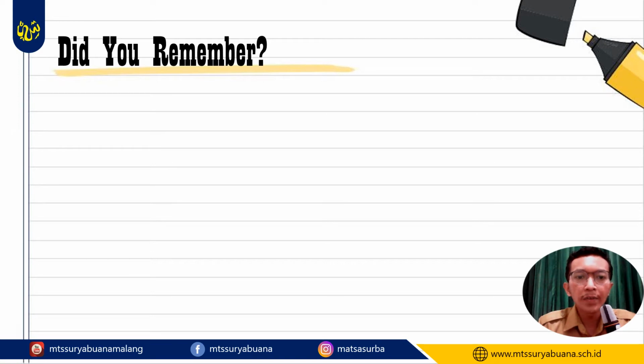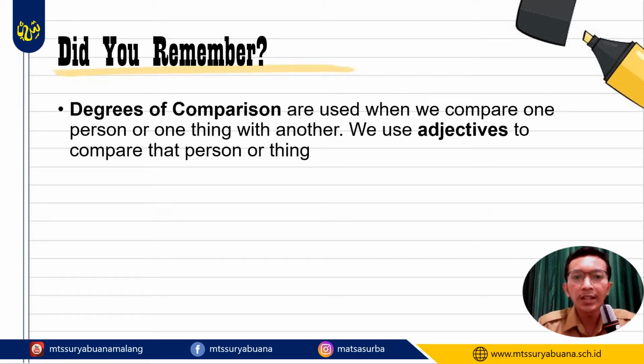Well, I will remind you about the material I discussed in the last video about degrees of comparison. Degrees of comparison are used when we compare one person or one thing with another.